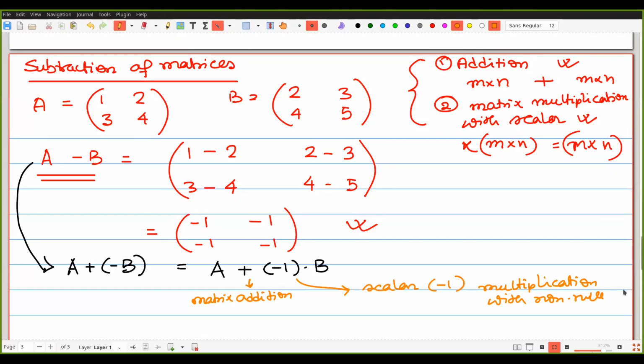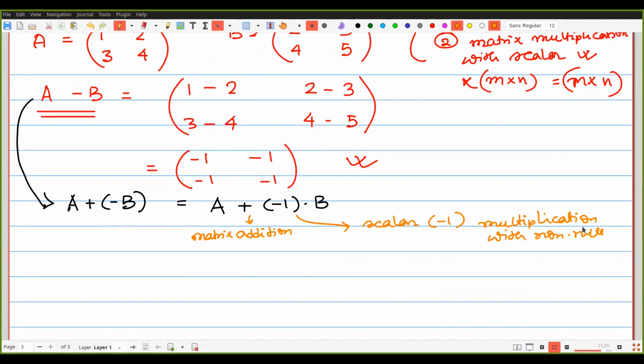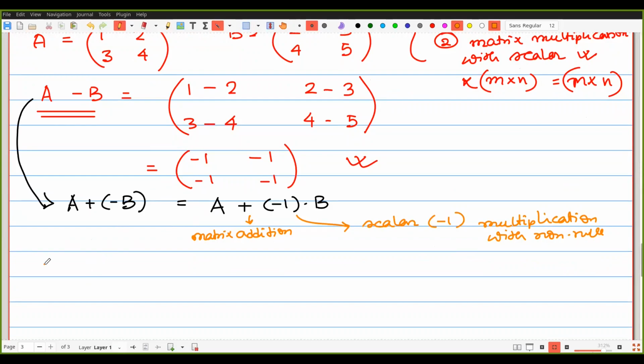But numerically, if we proceed, the result would be the same. So whatever we have written here, 1 2 3 4 and 2 3 4 5, I am writing it as 1 2 3 4 plus minus 1 into 2 3 4 5. That one is A, that one is B, that one is minus 1, that one is plus.